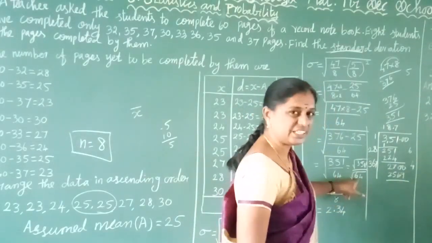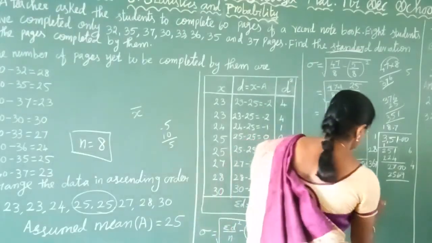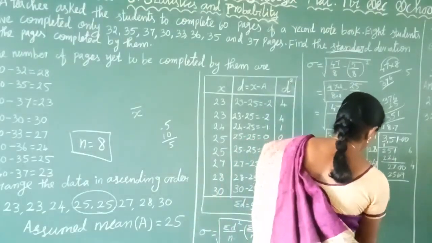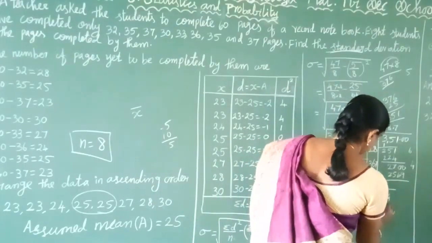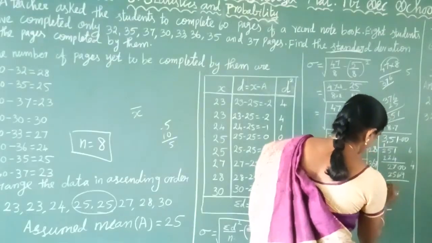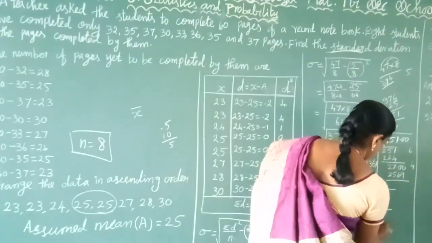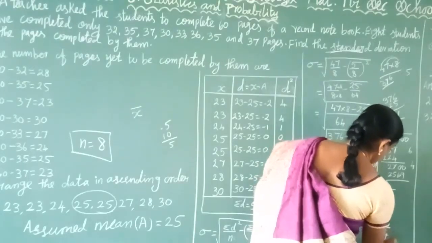Root 64, answer is 8. So simplify. This one is ordinary simplification. 18.74 divided by 8. Here how many times? 2 eights are 16. Remainder 2, 27. How many times? 3 eights are 24. Remainder 3 and 34.